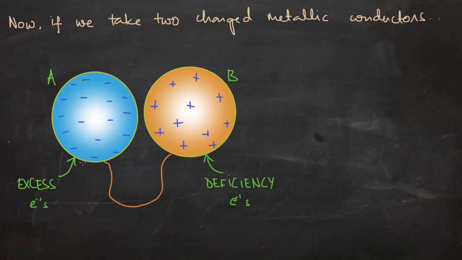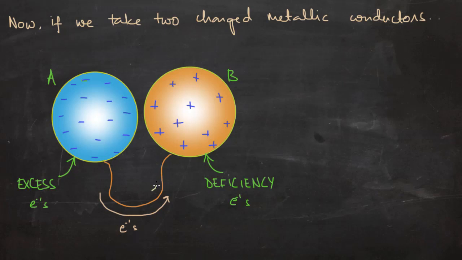Now, because there is an excess of electrons in A, the electrons in A move via the wire to B to negate this positive charge. So, my electrons begin to move from A to B. We already saw that electric current is in the direction opposite to the flow of electrons. So, how would the electric current move?